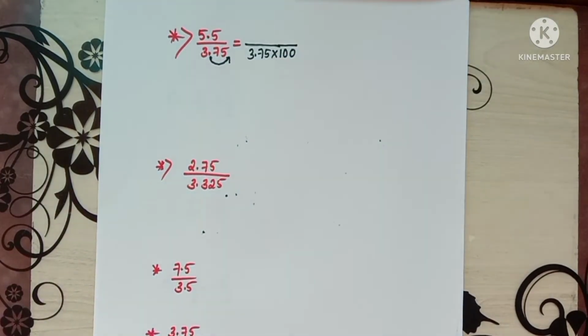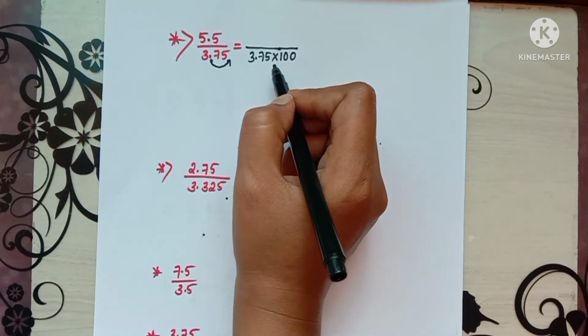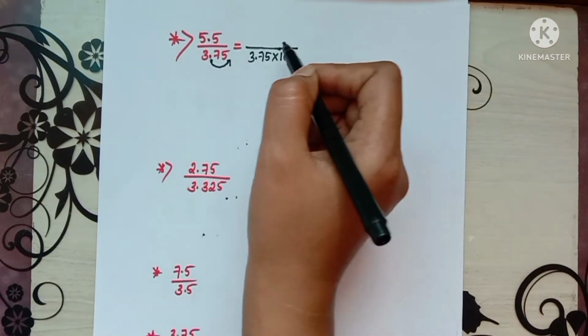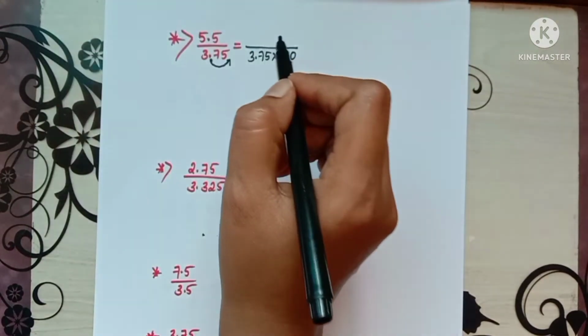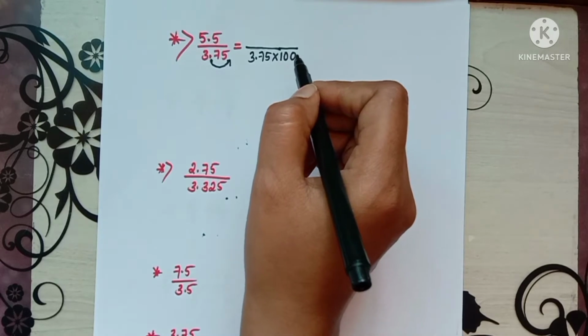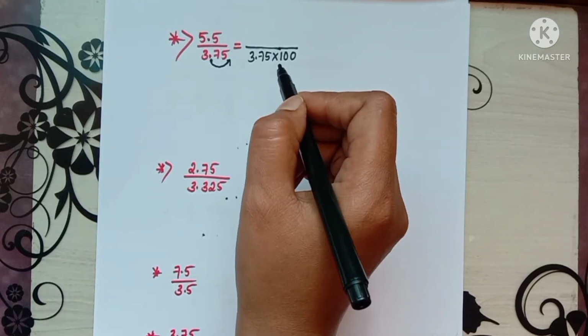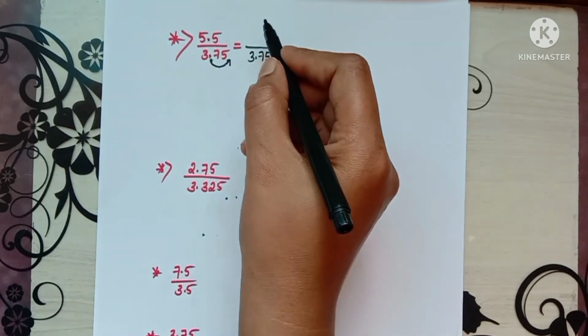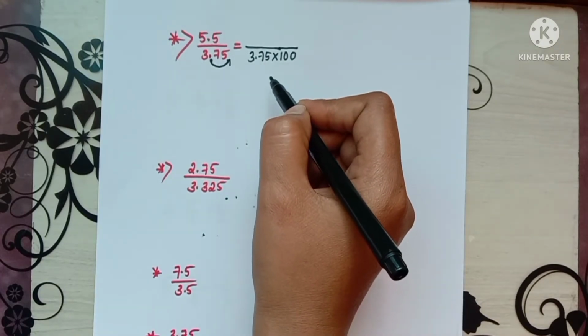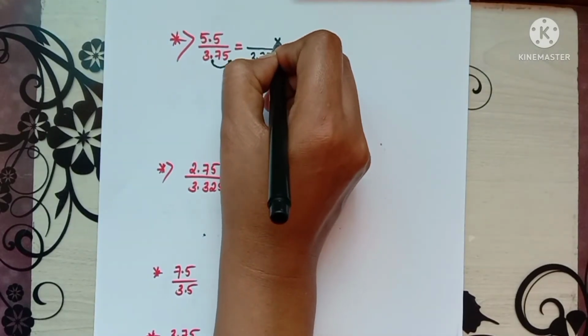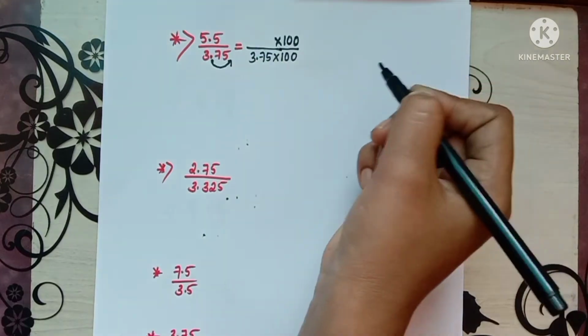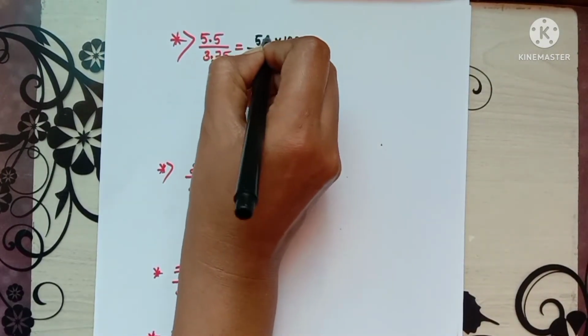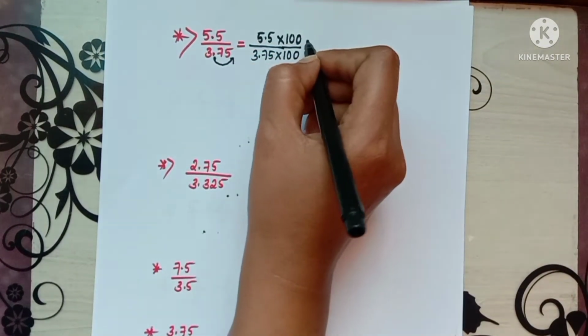In the denominator we have multiplied by 100, so in the numerator also we have to multiply it by 100, because this is a calculation. So we have to balance the numerator and denominator. So here also we have to multiply it by what? 100. That is 5.5 multiplied by 100.